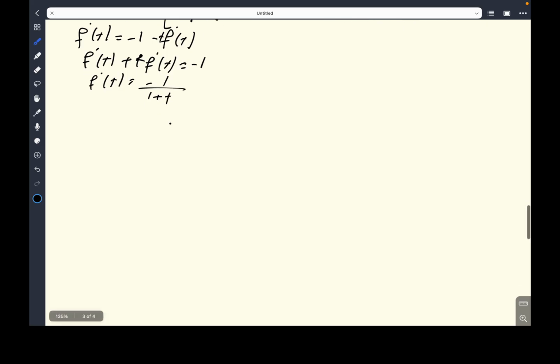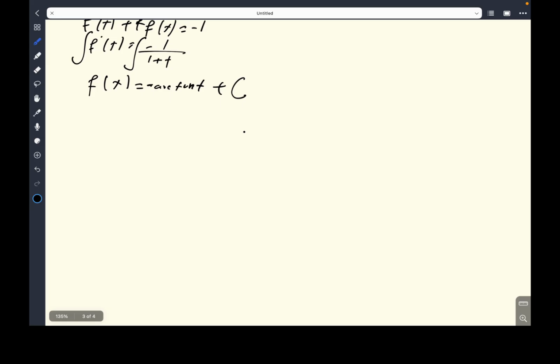And if I integrate both sides now, my f of t is going to be negative arctan of t plus c, some constant of integration. So now I'm in the stage where I can find f of 0, but I first gotta find this constant of integration.